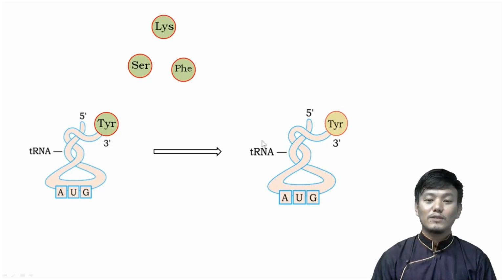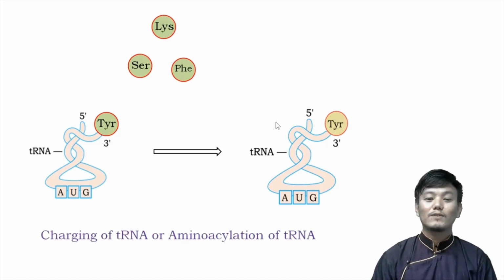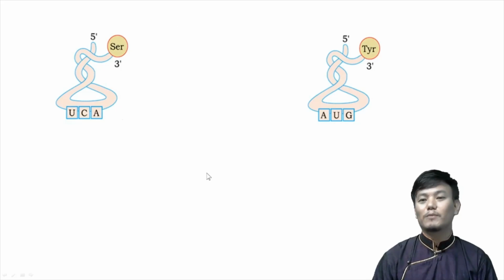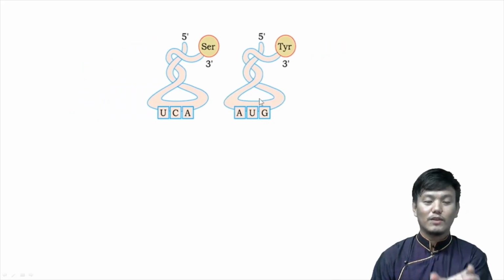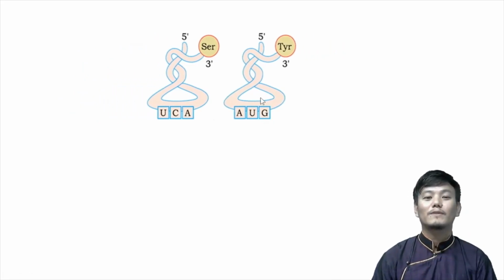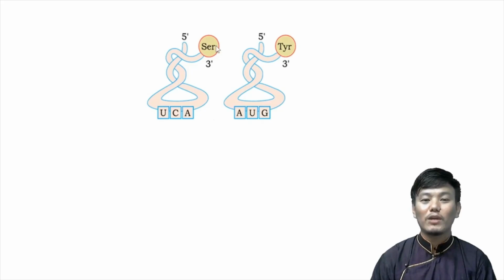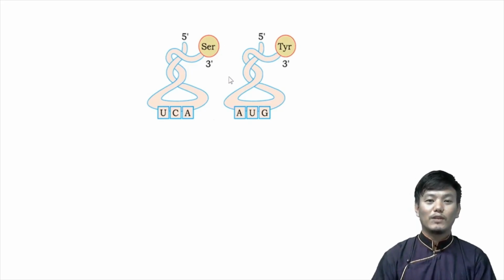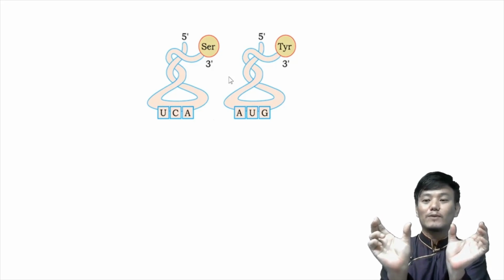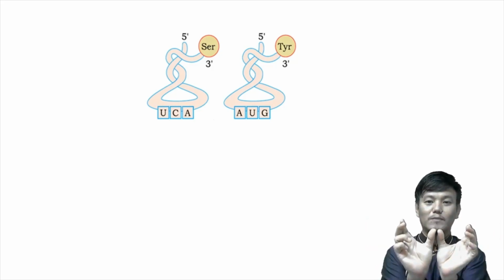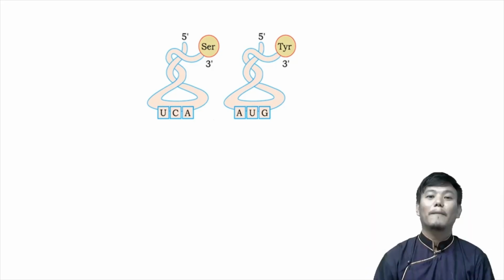Now, this charged tRNA or aminoacylated tRNA has got a special property. When two such charged tRNAs come close to each other, it facilitates the formation of peptide bonds between the two amino acids.